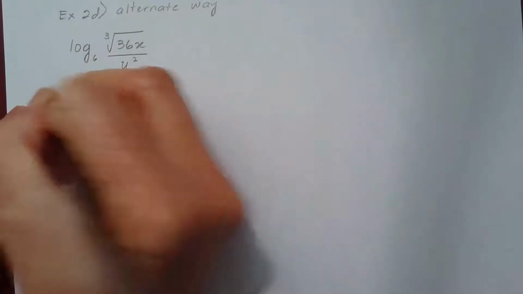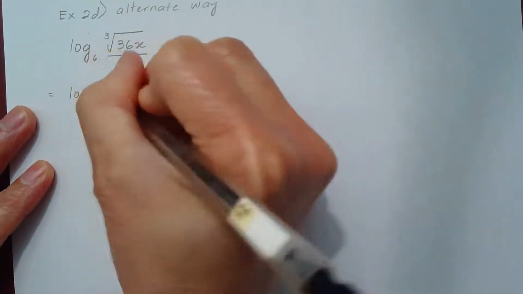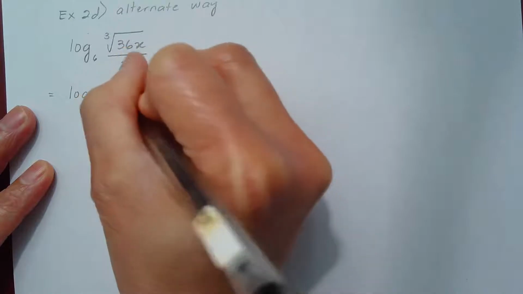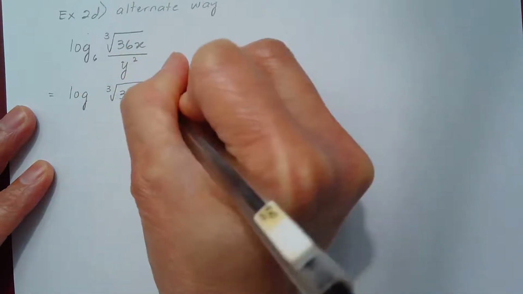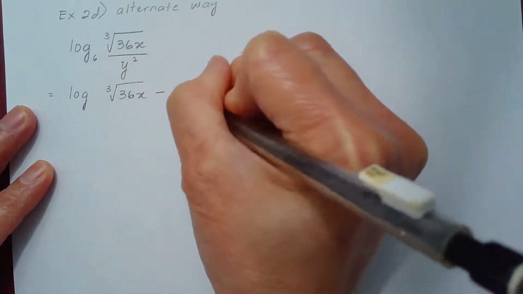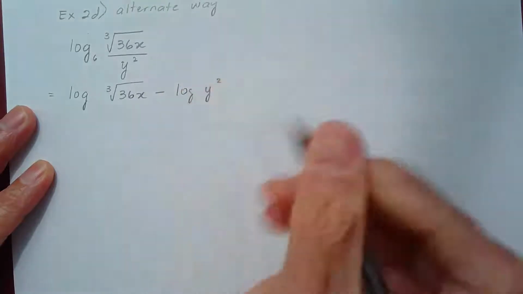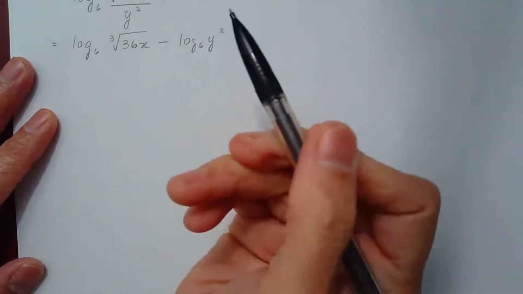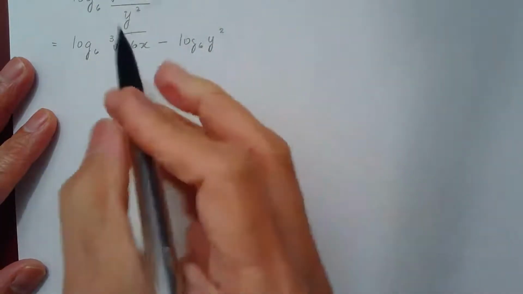So how can we approach that? I can go log of, these are being subtracted, so that's log of the cube root of 36x minus log of y squared. All of these are base 6. It's the same starting point.